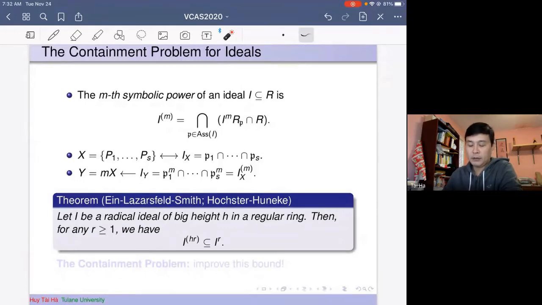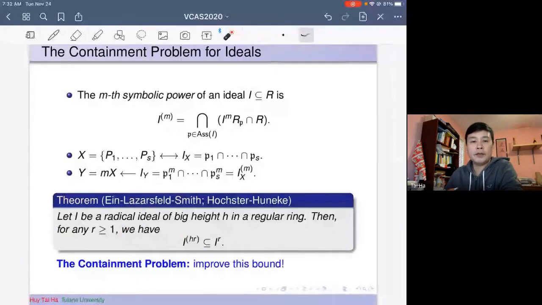The theorem says that if we start with a radical ideal I of big height h in any regular ring, then for all r bigger than or equal to 1, the hr-th symbolic power of I is contained in the r-th ordinary power of I. The containment problem is to improve this bound.